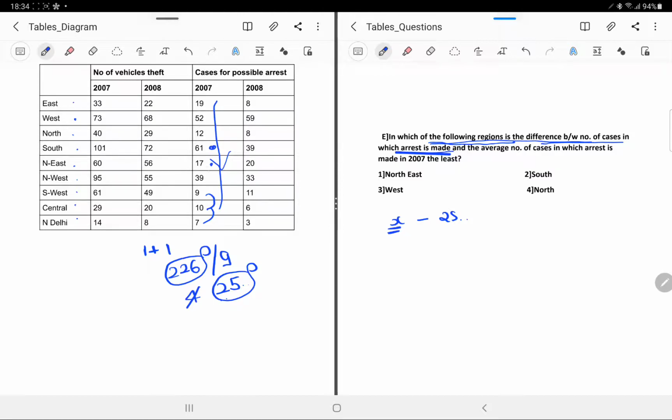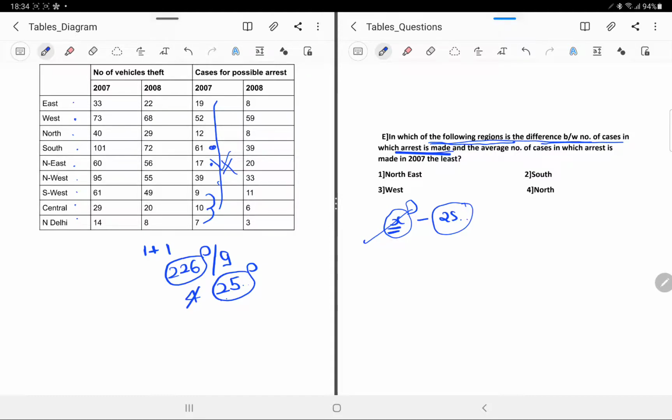So Northeast is 17. So that would be negative. Next, South. South is 61, so 61 minus 25. Obviously, you want to see which value is the largest here, because this would be constant. So the larger the value, the larger would be the answer.